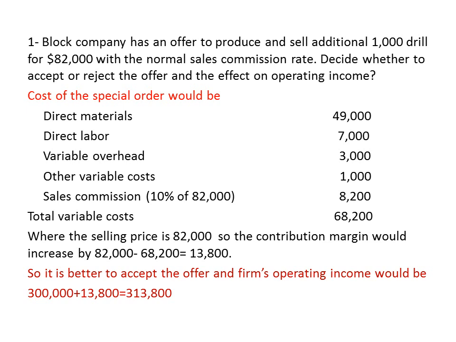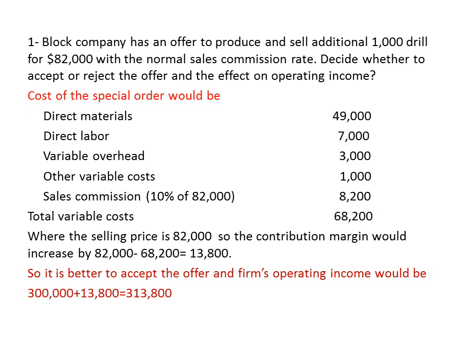Sales commission is calculated by multiplying the sales revenue of 82,000 by 10%, equaling 8,200, and accordingly the total variable cost is 68,200.